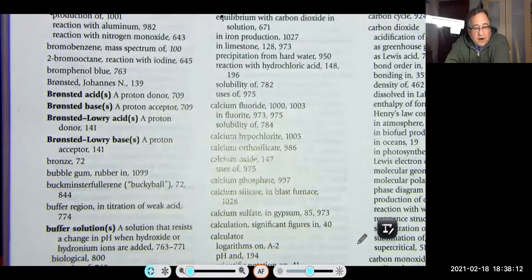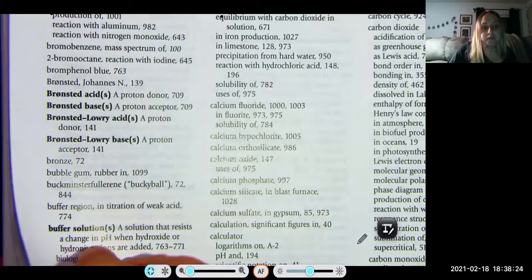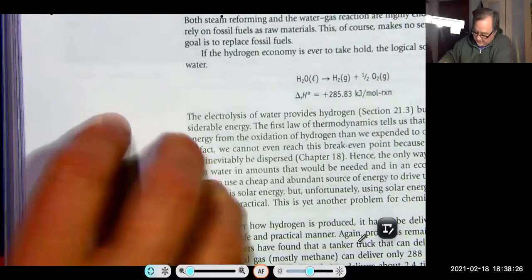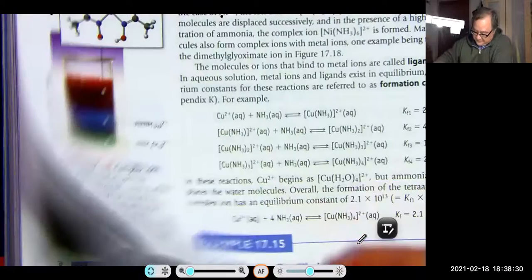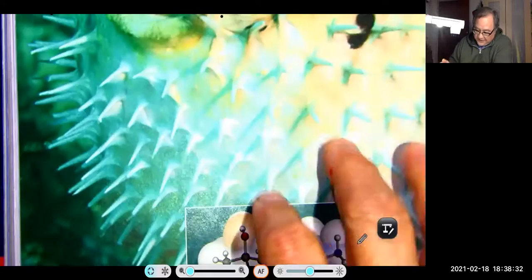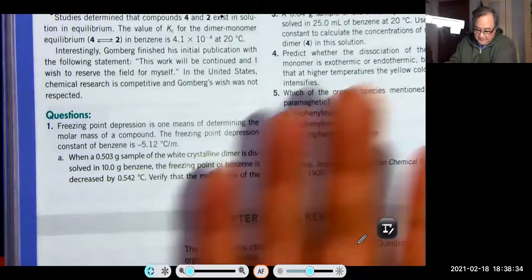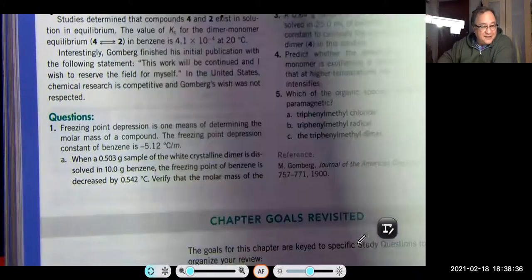Where are we going to go for our info? What do you think? 141. Yeah, because if you take a look at page 709, it's chapter 15 or 16.